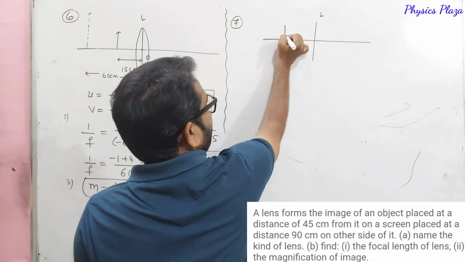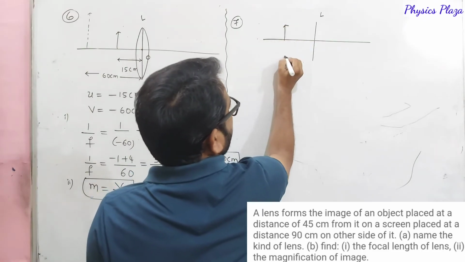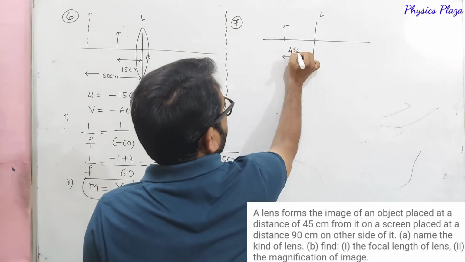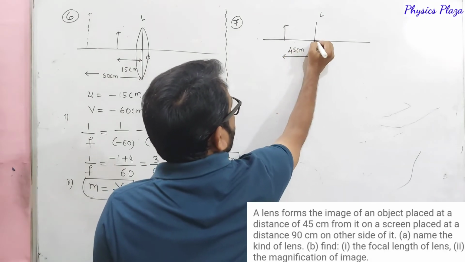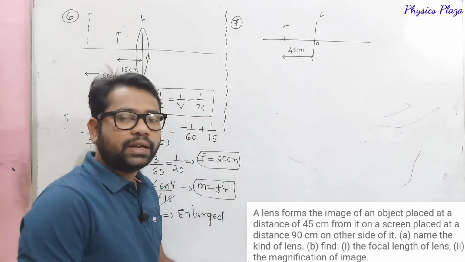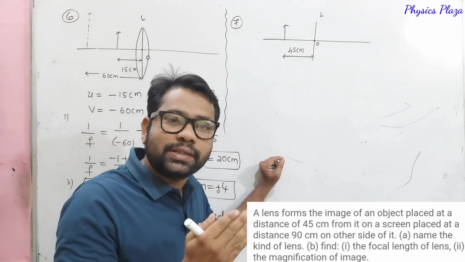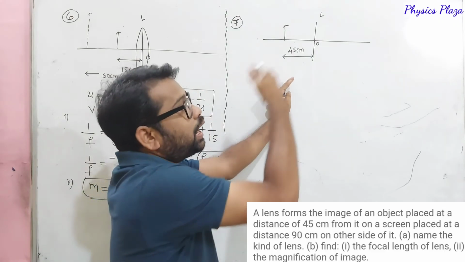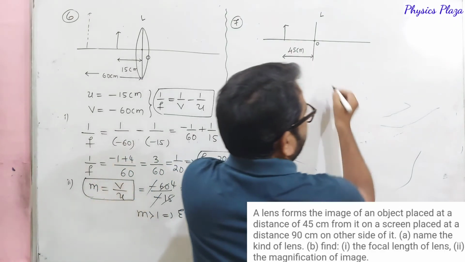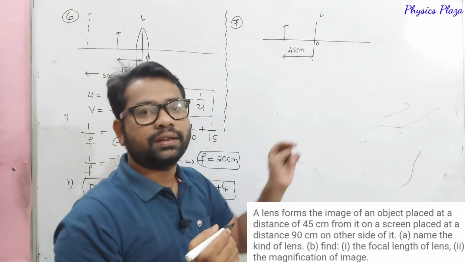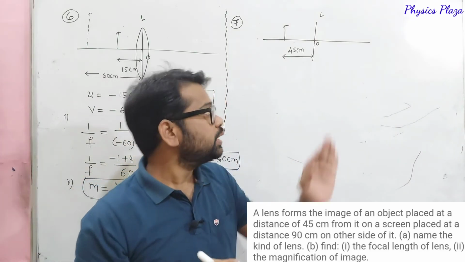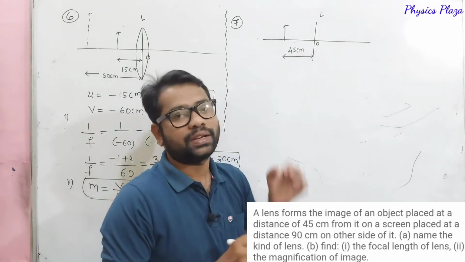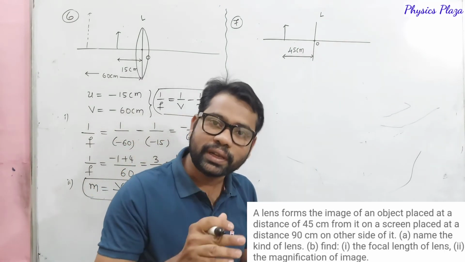It is given that an object is placed in front of it at a distance of 45 centimeters, such that the image is formed at a distance of 90 centimeters, but not in front of it, rather on the other side of the lens. Children, it's very clear that a virtual image forms on the same side as the object, and a real image only forms on the other side of the lens, and we know the real image is inverted.